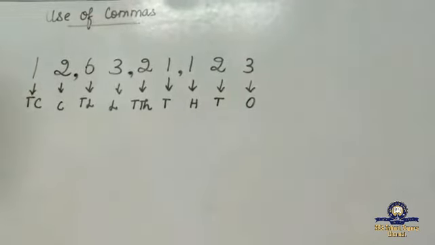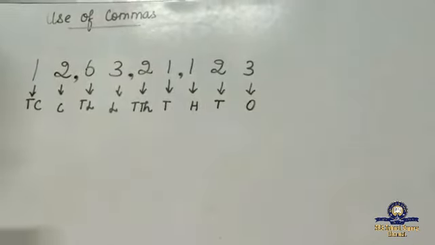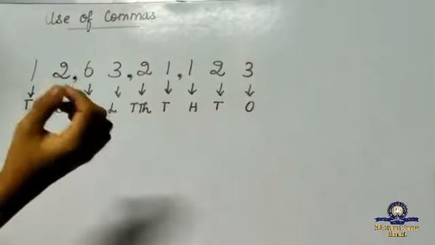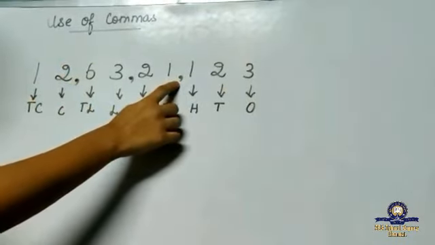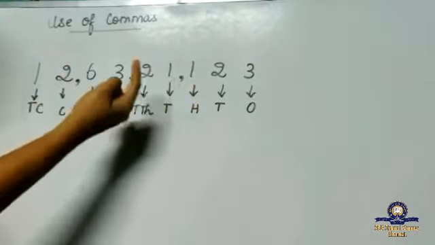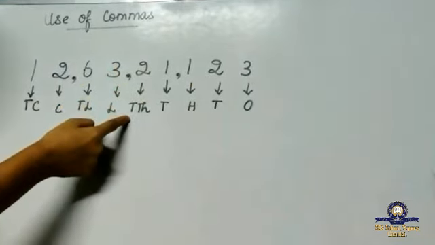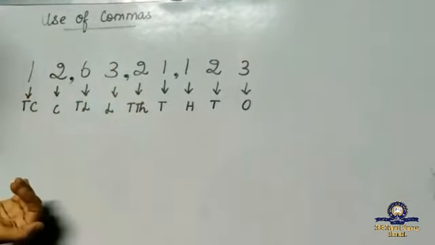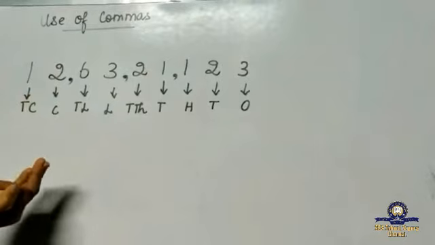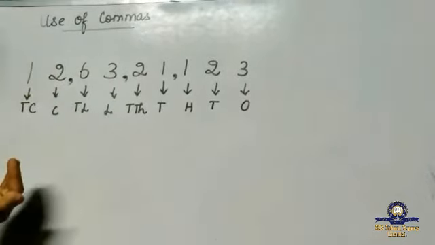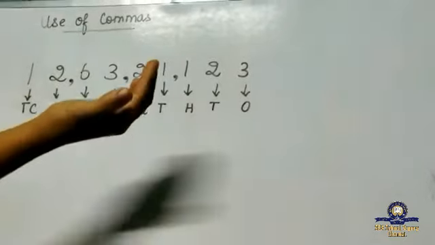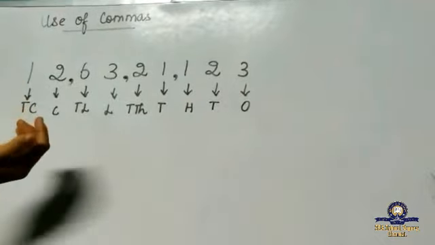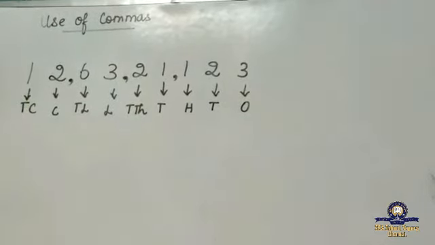Students, in the Indian system of numeration, we use commas from the right. The first comma comes before the hundreds place, 3 digits from the right, the second comma before the 10,000s place, 5 digits from the right, and the third comma before the 10 lakhs place, 7 digits from the right, and this represents the crore.